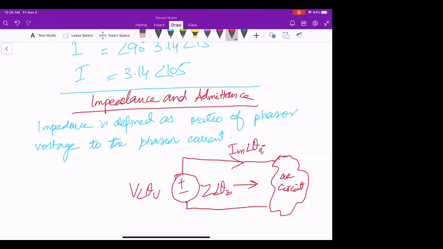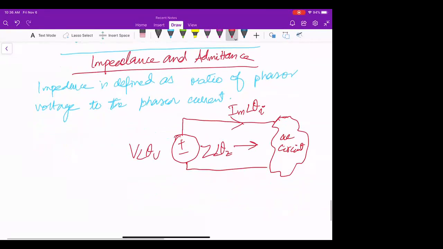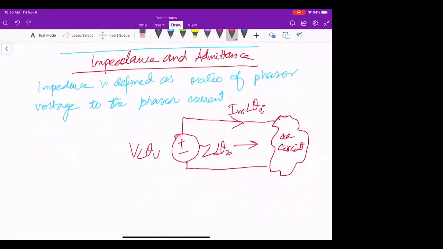So if the equivalent impedance is Z with an angle theta Z, then our voltage source will be V theta V and current I theta I. Now, if I define this in terms of Ohm's law, I should write it in this form, where they all are bold.